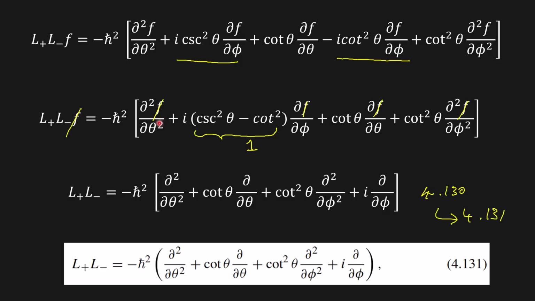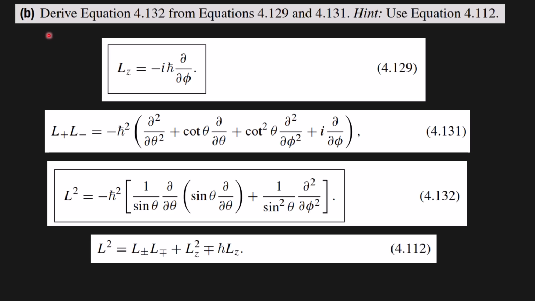Now we will move on to section B. Next, section B is derive the equation 4.132 from equation 4.129 and 4.131. They have given a hint also, that is use the equation 4.112.